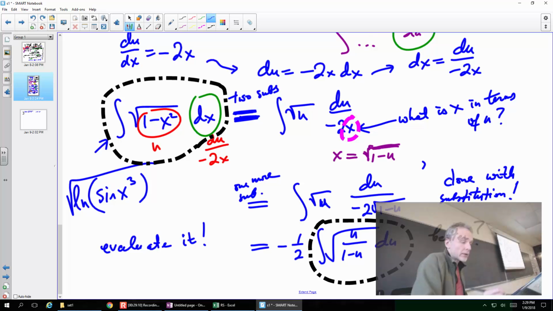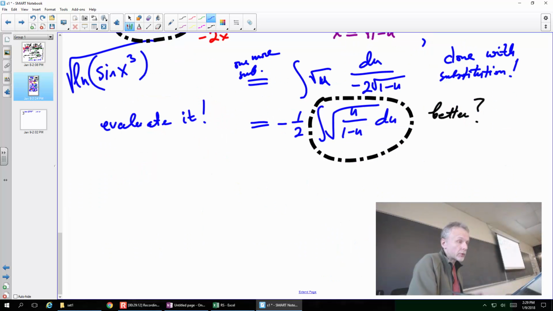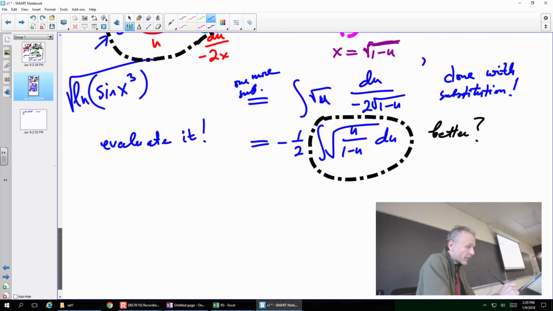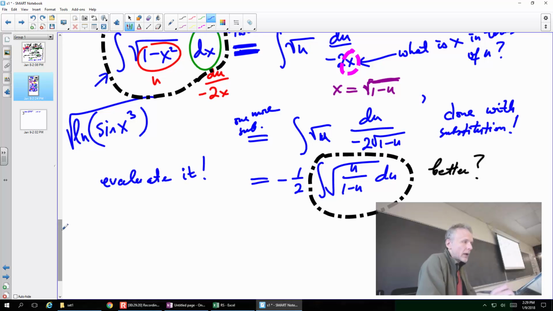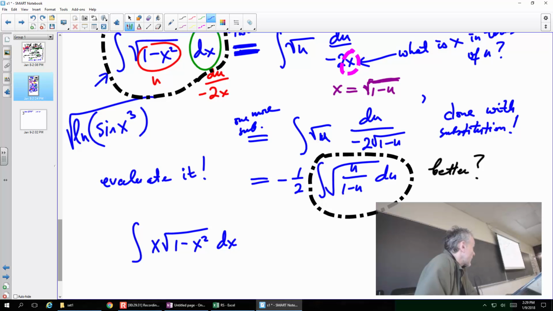But let me step back and just remind you from last semester that this was a correct method. There is nothing wrong with it. Say, for example, if I had the integral of x square root of 1 minus x squared dx. It's almost an identical function, except I have an extra x in the beginning.